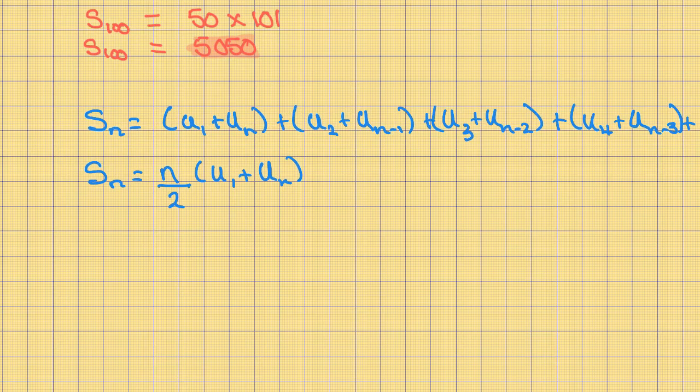But earlier we know what the last term is equal to. The last term is equal to u1 plus n minus 1 d. So if we substitute that in, we will get Sn is equal to n divided by 2 times u1 plus u1 plus n minus 1 d.